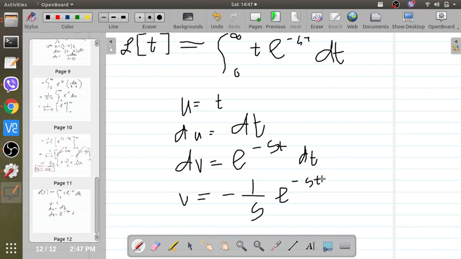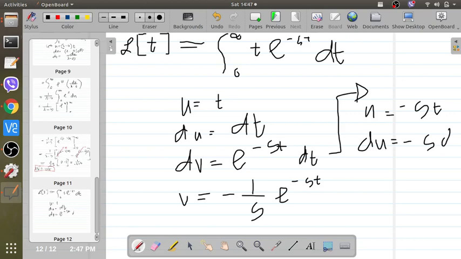So, if you wonder how we get the value of v from dv, let u equal negative st. Then du is negative s dt.